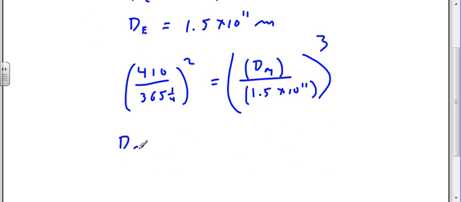So the mean distance of the meteorite is the cube root of 410 squared divided by 365.25 squared times 1.5 E 11 cubed.